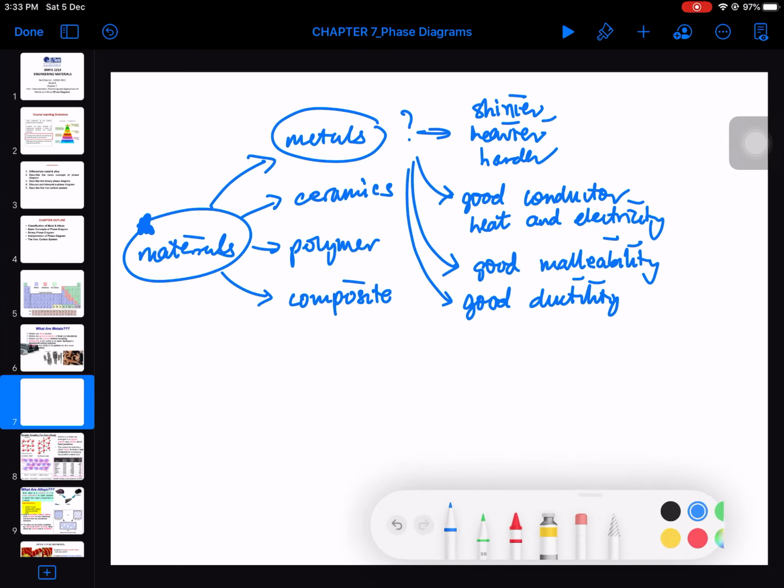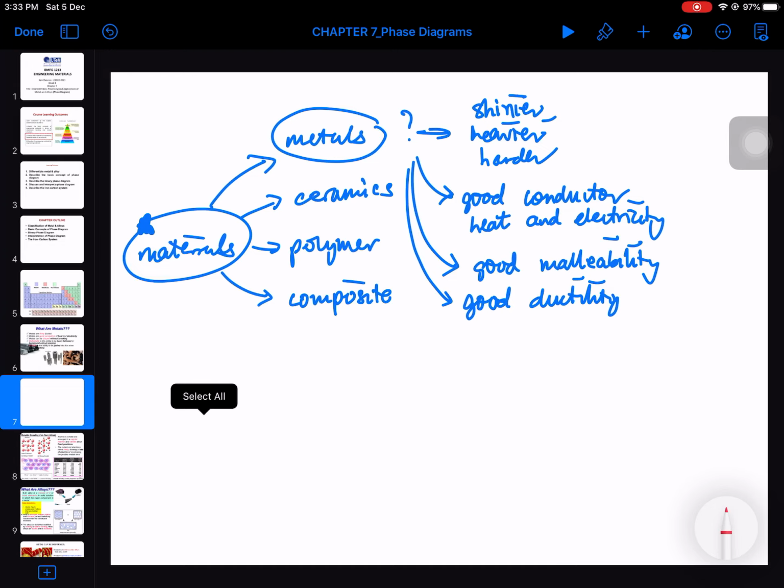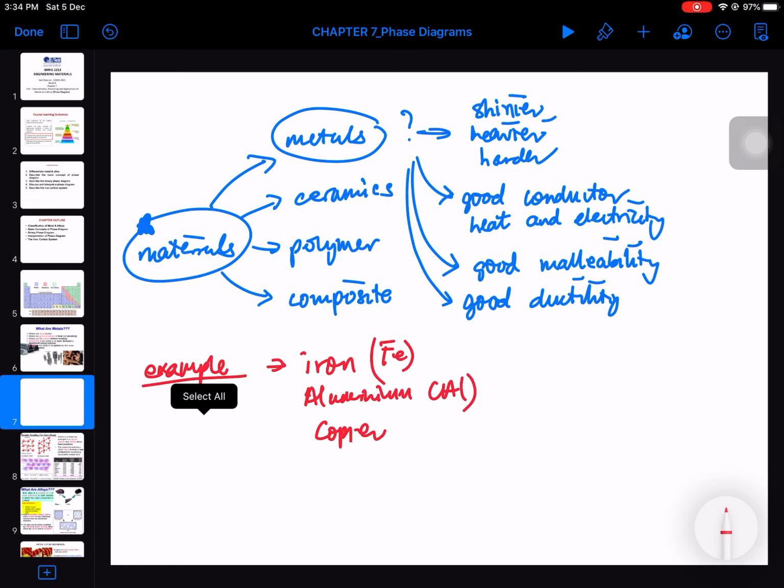The examples of metals that we can list out, maybe a few of them. The most common one might probably be iron, Fe, ferrum. Then we have aluminium, we also have copper, Cu, titanium, Ti, nickel, magnesium, and so on.